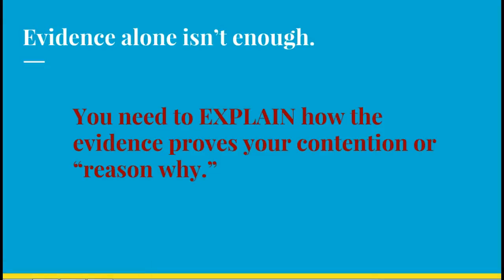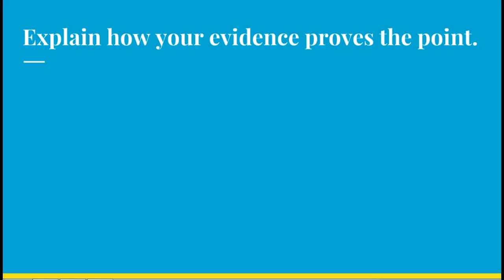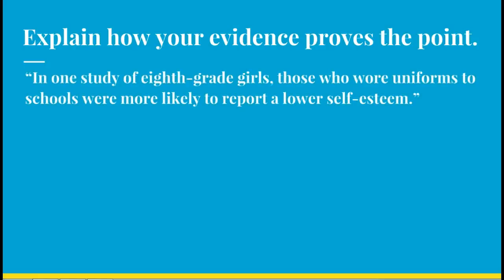Just remember that evidence alone isn't enough. You've got to be able to explain why or how your contention proves what you're trying to prove. So, for example, if I simply state, in one study of 8th grade girls, those who wore uniforms to school were more likely to report a lower self-esteem, my reader or my listener might not connect the dots.